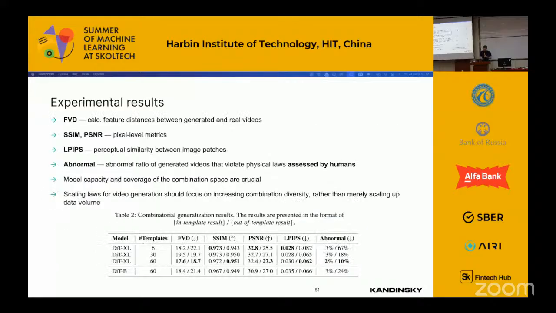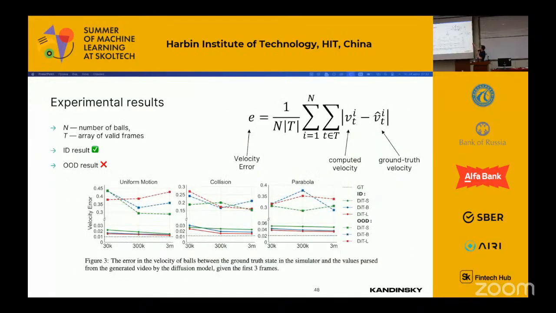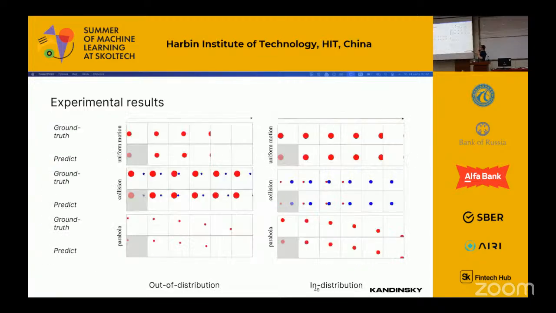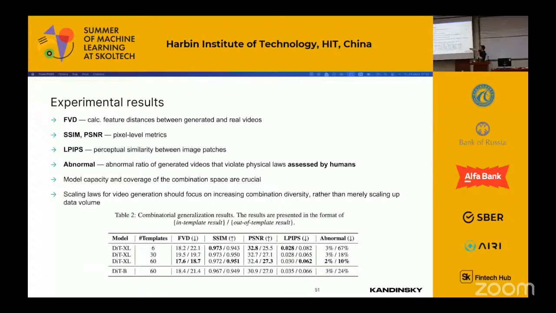So that's a combinatorial scenario, and they use a lot of metrics there, not such a simple metric. As I said here, they use a lot of metrics after training on such a data set: FVD, SSIM, PIPS. These are more common metrics when we talk about video generation models, for example, or image generation.